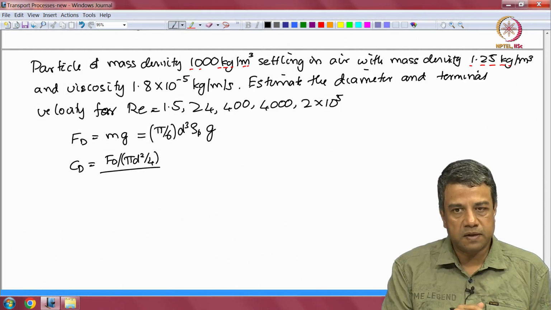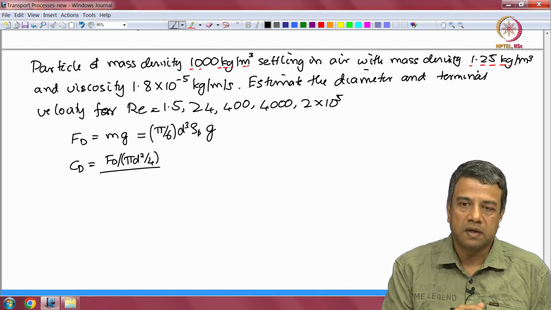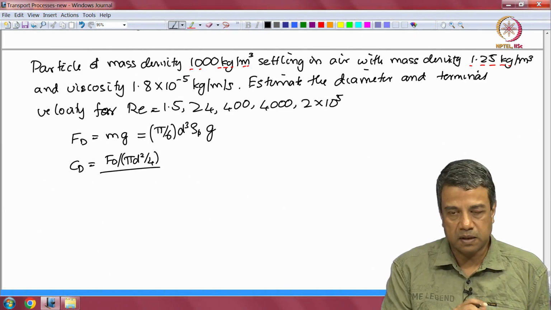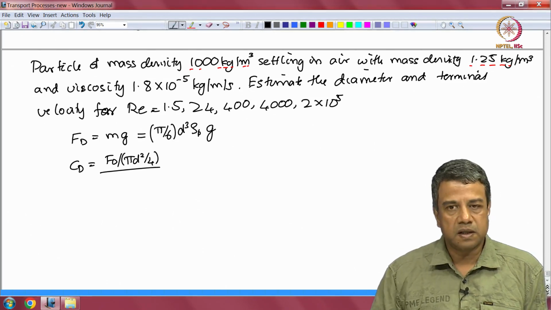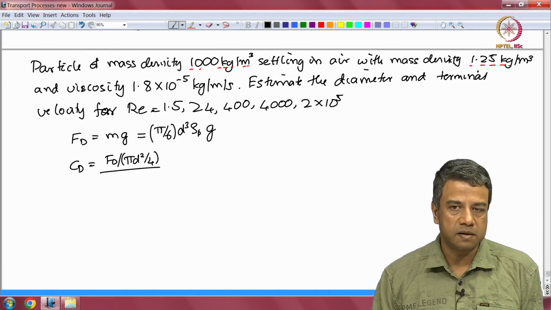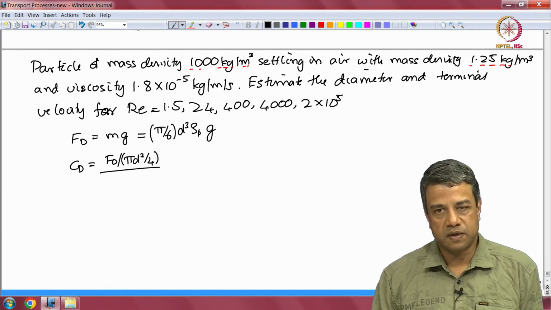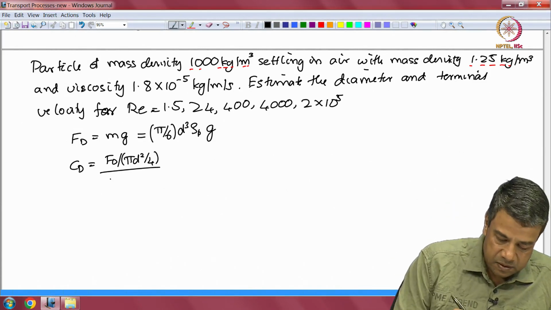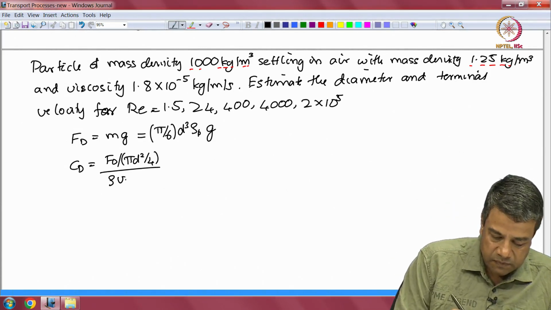So, if we assume that the air is stationary and the particle is settling at its terminal velocity, that free stream velocity is just the terminal velocity of the particle. So, rho V terminal square by 2.